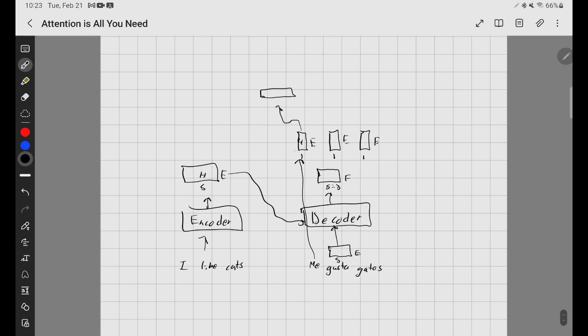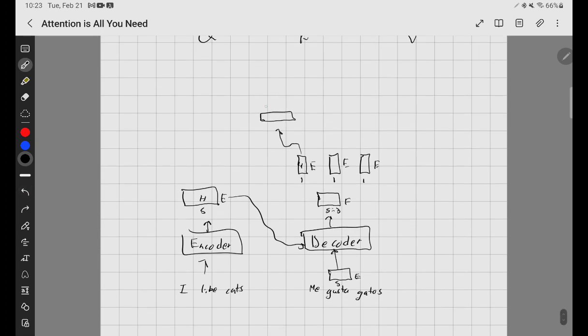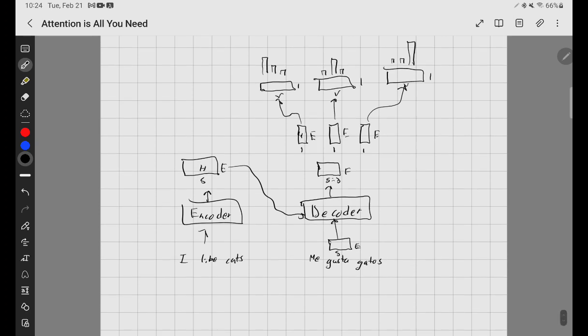So that would be me, that would be gusta, and this distribution would be the one where we want it to output gatos, and then this distribution, which is a V by 1 vector because you project it, would be the one that outputs the end token to end the sequence.